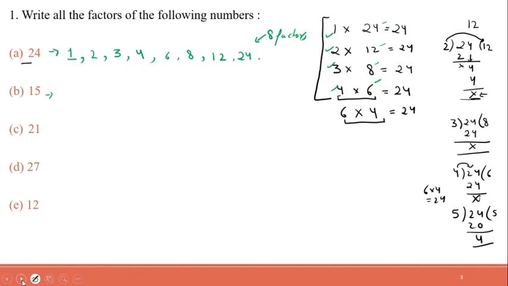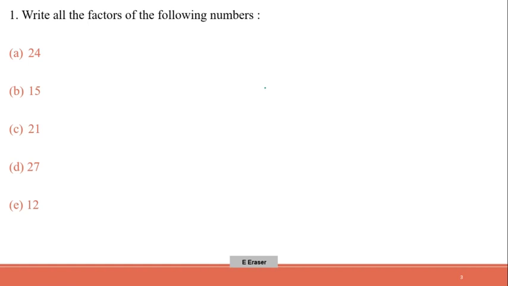Now come to this one, 15. Let's come to 15 now. So 1 will be a factor of 15, right? 1 into 15 is 15. Then 2. If I divide 15 by 2, I'll get a remainder of 1. So 2 is not a factor.